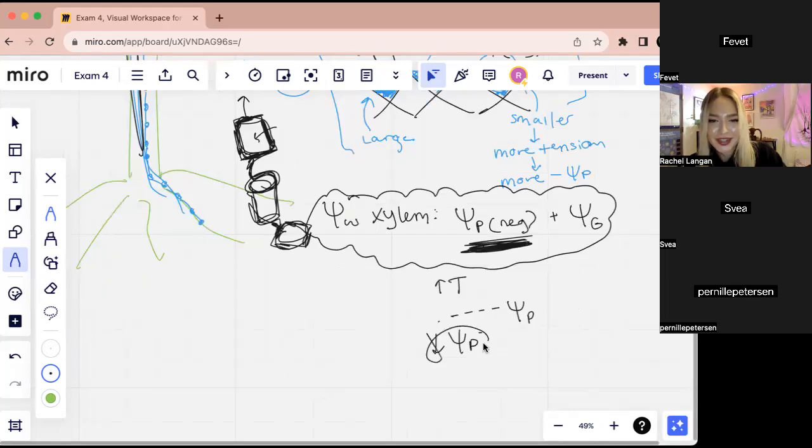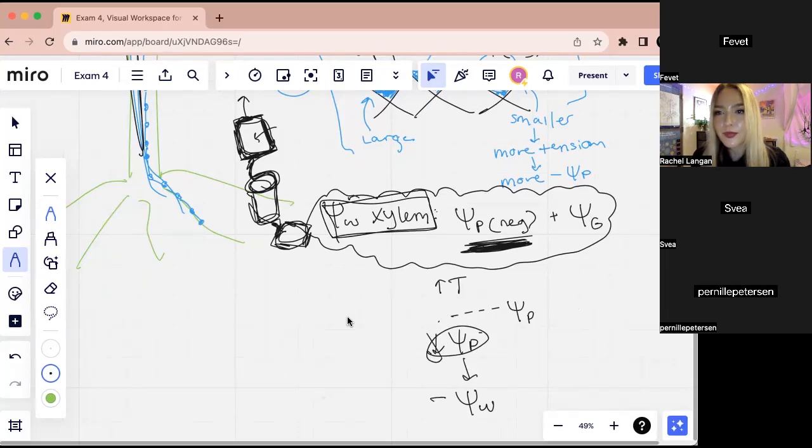Smaller number here is going to cause a smaller, more negative water potential of the xylem. So this value should become smaller if there's more transpiration.